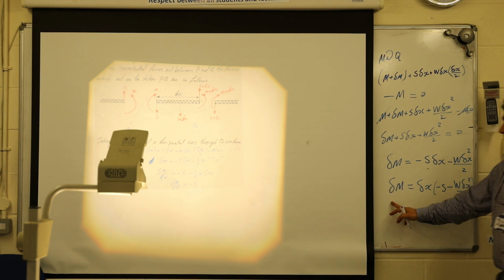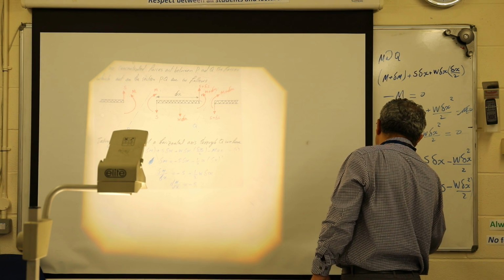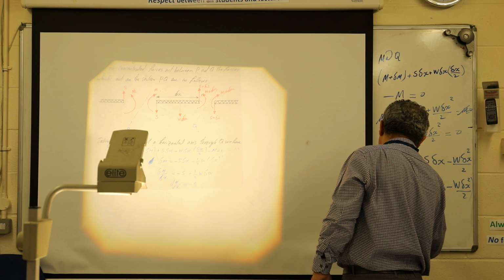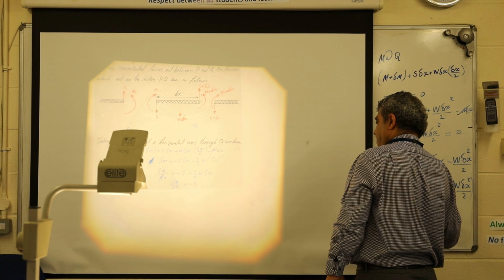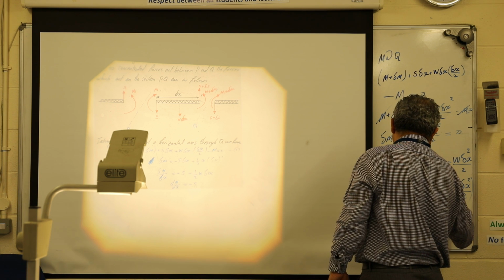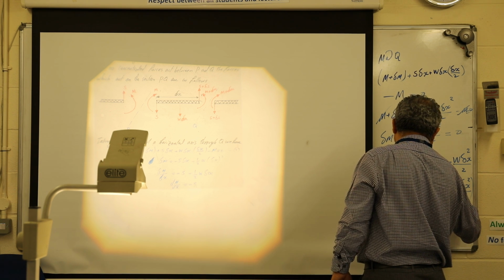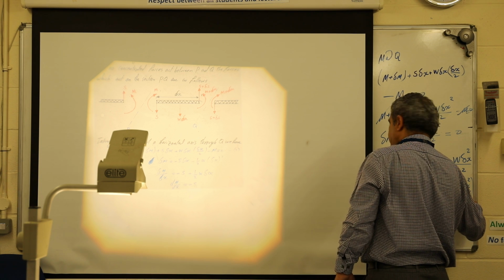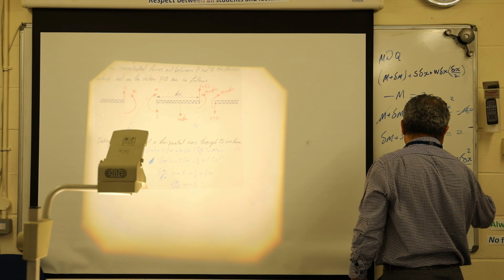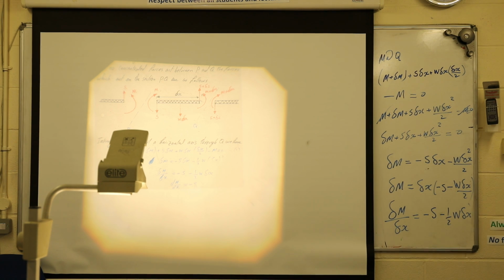And this goes underneath, so delta M over delta x is equal to minus S minus half of the w delta x. Sorry, that would be just one x. Yes, that would be factorizing that. Are you okay with that?